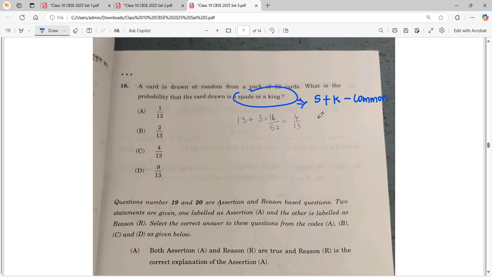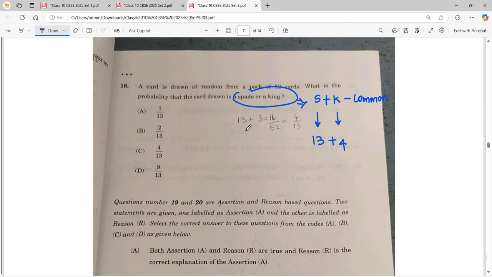Spade, there are 13 cards. Kings, there are 4 kings, because we are picking a king, not just a spade.